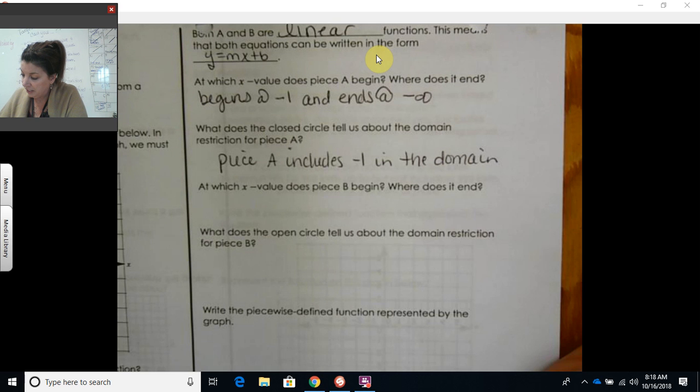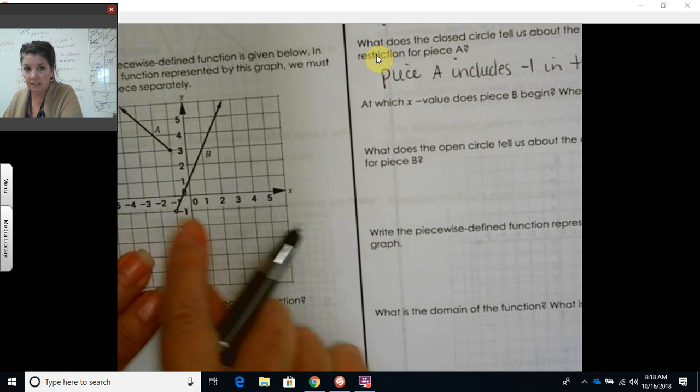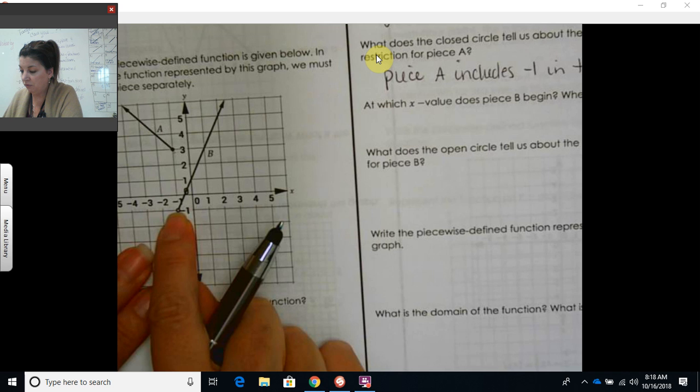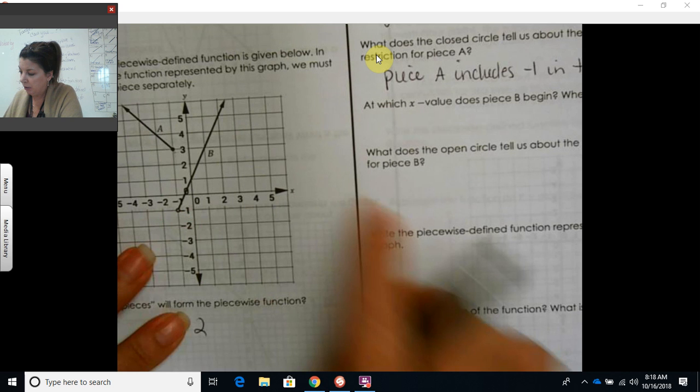At which x value does piece B begin and where does it end? Piece B begins at -1. We know it's not included, but that's its starting point, right? And it ends at positive infinity.